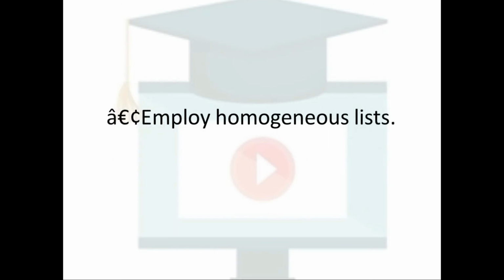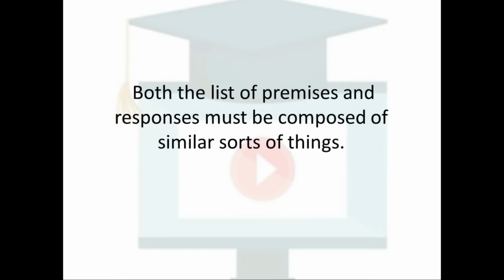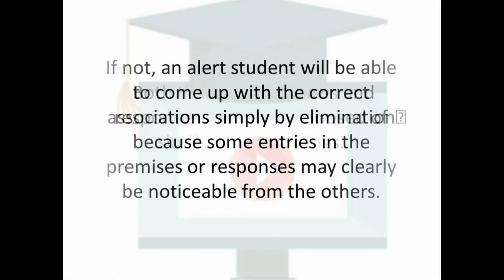Employ homogeneous lists. Both the list of premises and responses must be composed of similar sorts of things. If not, an alert student will be able to come up with the correct associations simply by elimination, because some entries in the premises or responses may clearly be noticeable from the others.